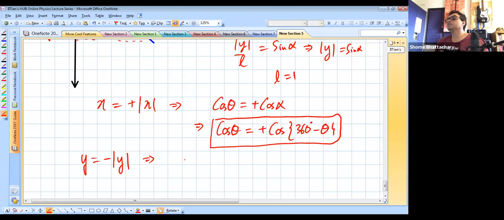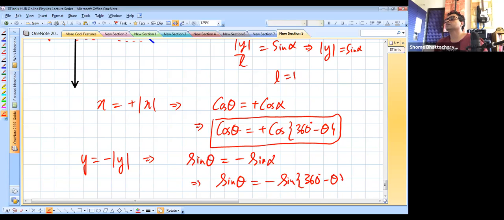So y is replaced with sin theta, and on the other side mod y is replaced with sin alpha. So sin theta is nothing but minus of sin alpha. This formula becomes sin theta is minus of sin of 360 minus theta. That's it.